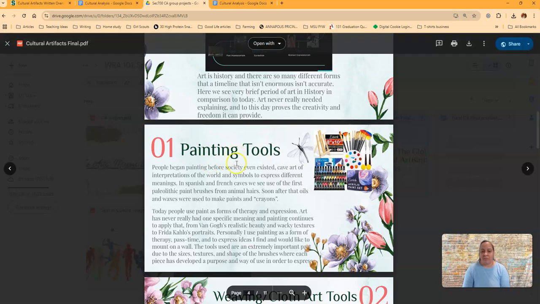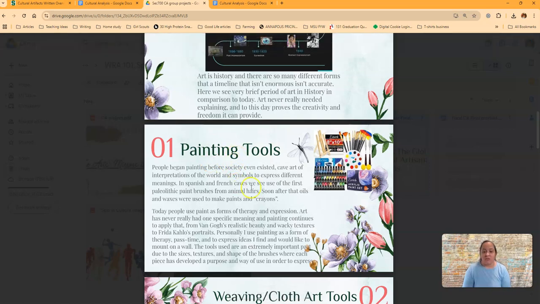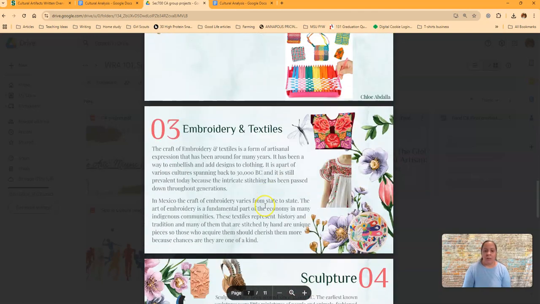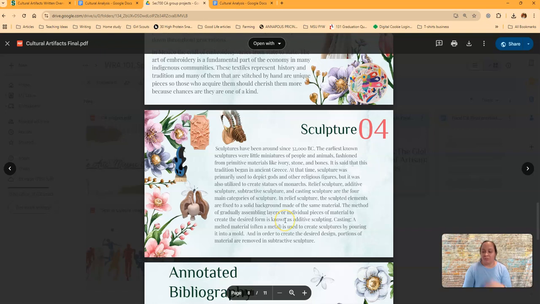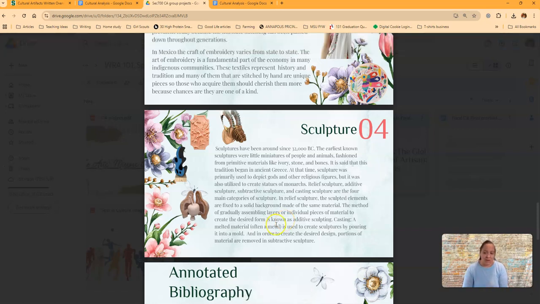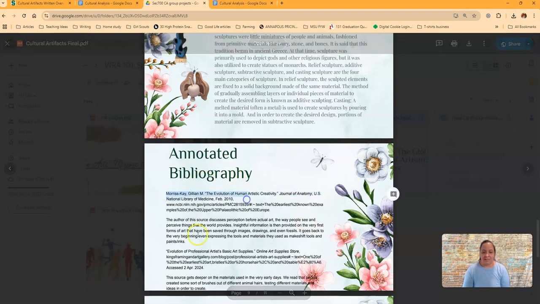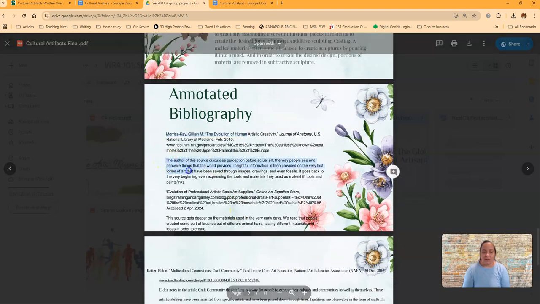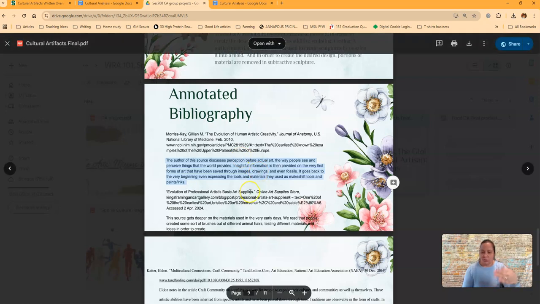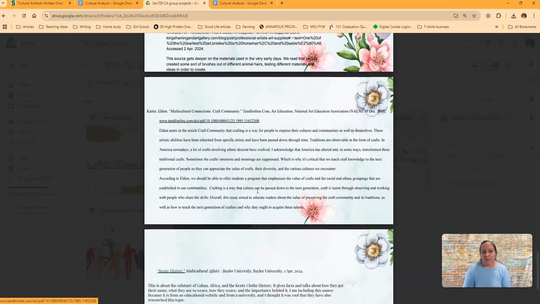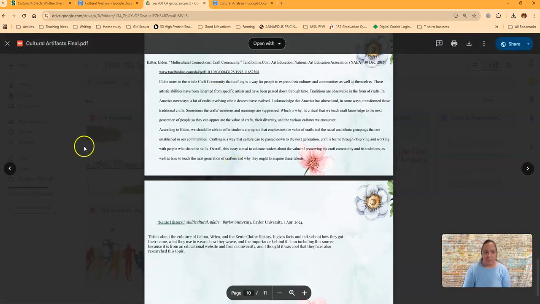And then we have, it was a group project at that time, so they have 4 objects: painting tools, weaving cloth, embroidery, and sculpture as different types of arts and crafts that people within this arts and craft community might participate in. And then they have their annotated bibliography with full citations, and then the summary and connection to their project of what that particular source provides for the project that they are looking at.